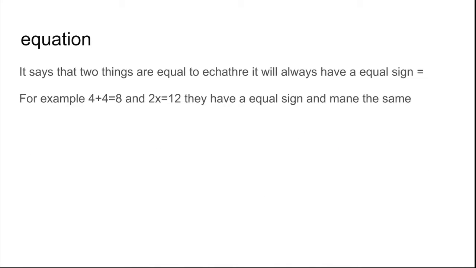Equation. It says that 2 things are equal to each other. It will always have an equal sign. For example, 4 plus 4 equals 8 and 2x equals 12. They have an equal sign and mean the same.